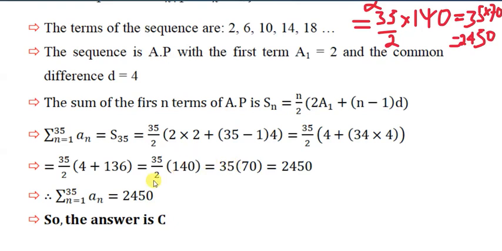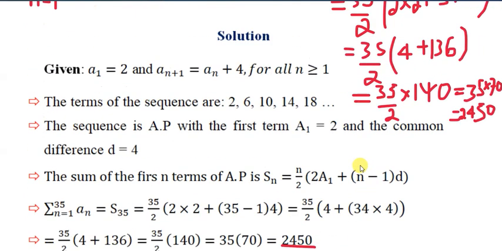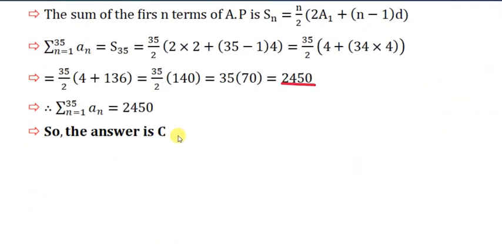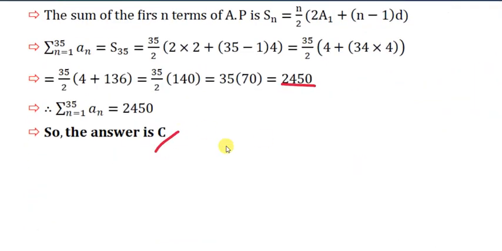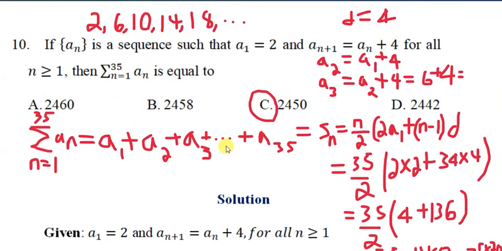When 140 is divided by 2, it gives us 70. 35 times 70 gives us 2450. The answer in this case is C. Now let us also see the next question. I hope you understand this particular question.